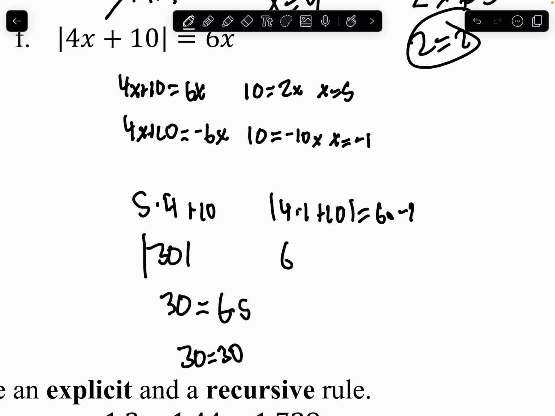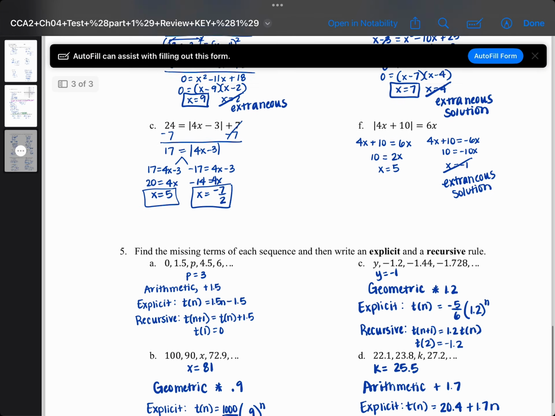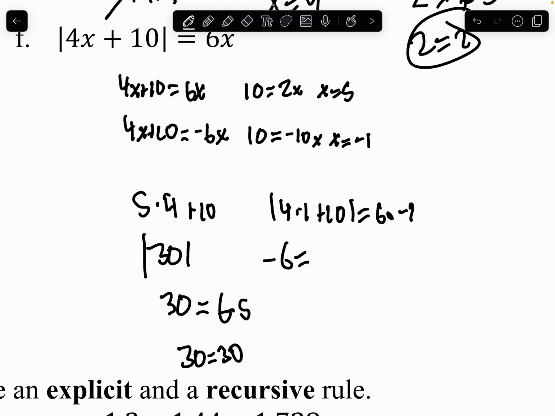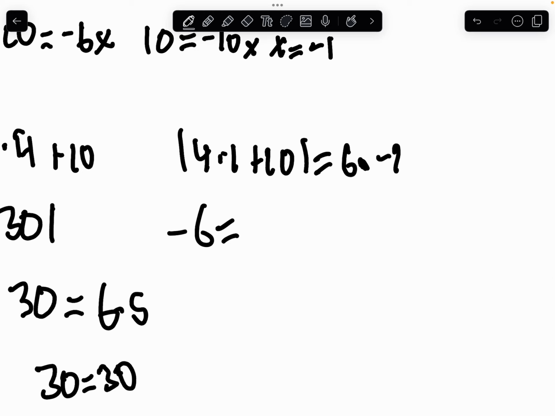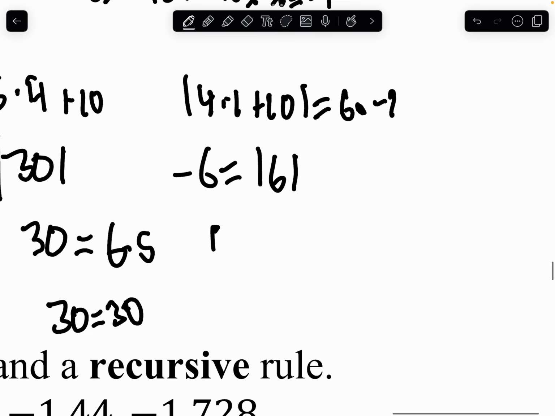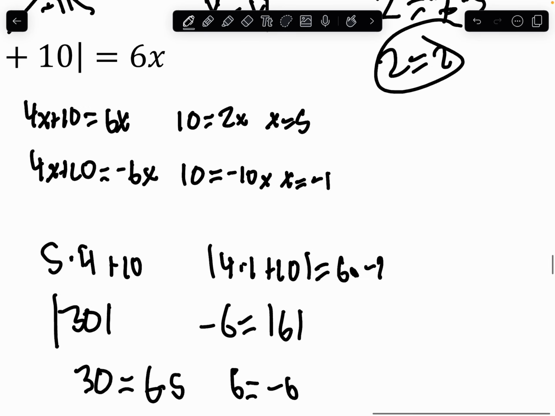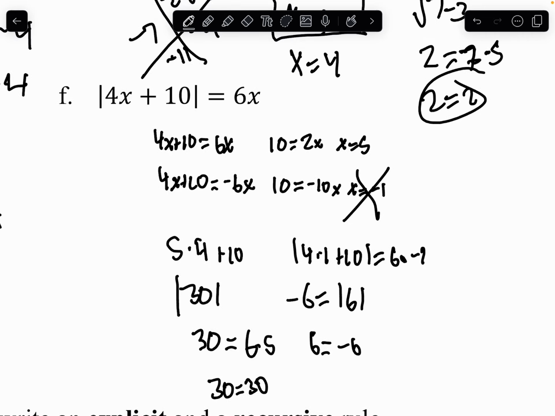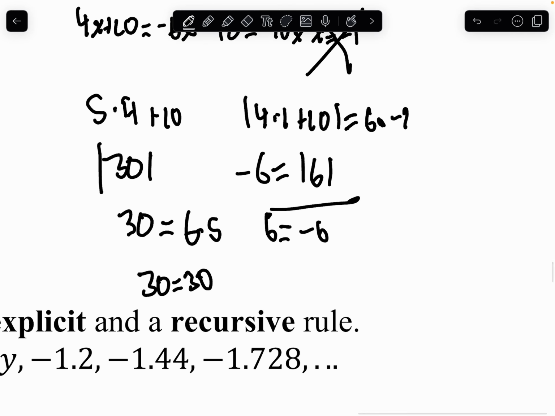So it's going to be negative 6 equals... There we go. Alright, so negative 6 equals 4 times negative 1, which is negative 4, plus 10, which is going to be 6. The positive value of 6 is 6. 6 equals negative 6. Now this isn't true, so our answer of x equals negative 1 is not true, because 6 does not equal negative 6.